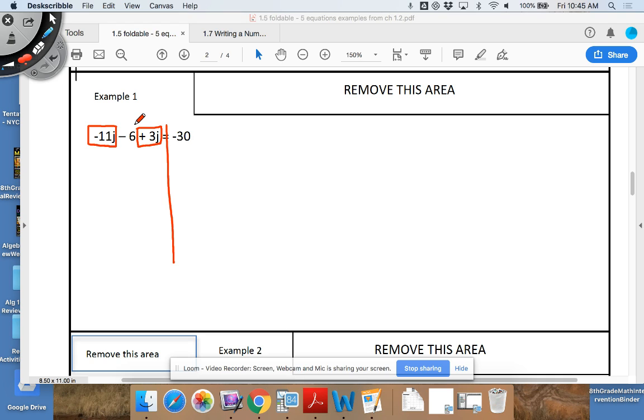Two variables would mean it has two different letters. But I agree, it has two terms that both have variables in them. But these are alike, right? One's a J and the other one's a J. So the way we say that in math is we're going to combine like terms.